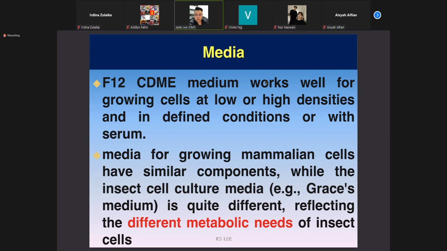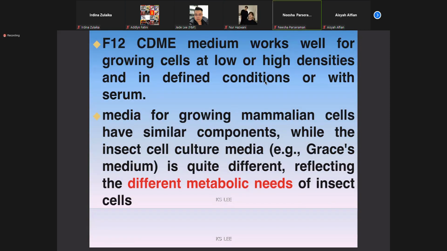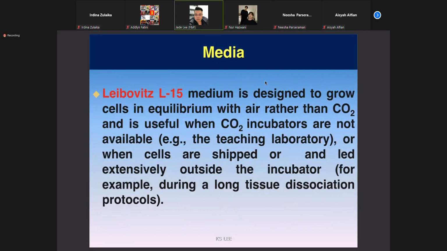Okay. So the other type of media, like Leibovitz L15 media, is designed to grow cells in equilibrium with air rather than CO2. It's useful when CO2 incubators are not available, especially in a teaching laboratory, because CO2 incubators are quite expensive.